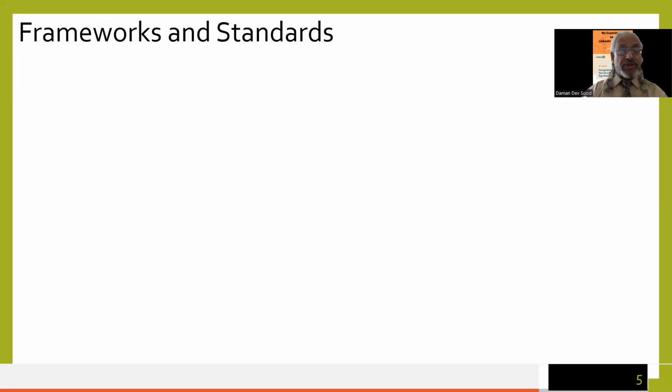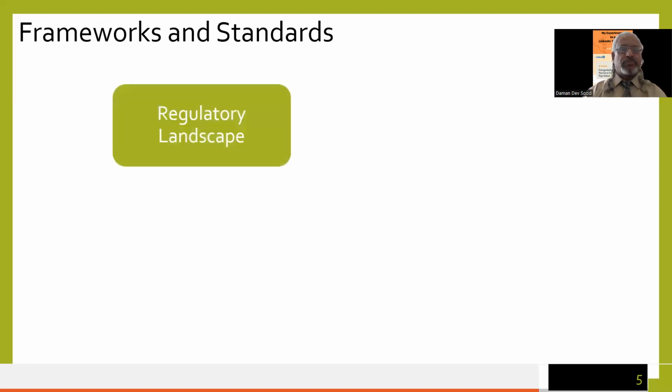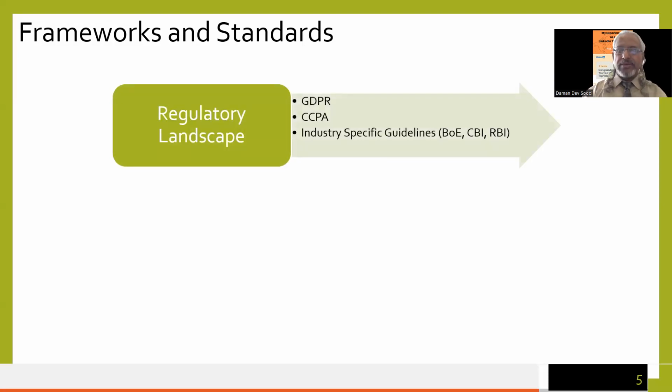So I will be talking about frameworks and standards also. There is a regulatory landscape. For example, guidelines or act or regulations like GDPR, CCPA, and some industry specific, for example, Bank of England, Central Bank of Ireland, RBI, Reserve Bank of India, have issued guidelines, policies with respect to operational resilience, where third party risk management is one of the focus areas.